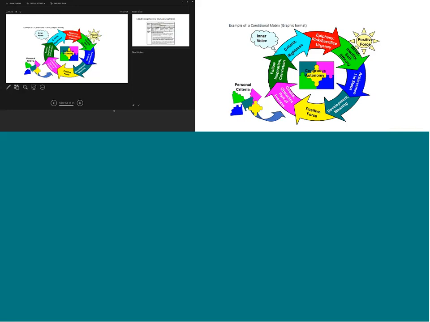And all these things around it, epiphany, risk, sacrifice, belief, identity, are positive forces. There's the inner voice, inspiration, conviction, habit, practice, and there's personal criteria, so these things start to come in. So she could now take this conditional matrix along with her reflective coding matrix and begin to build her theoretical position. And that's exactly what she did.